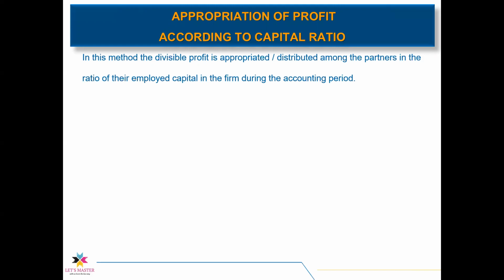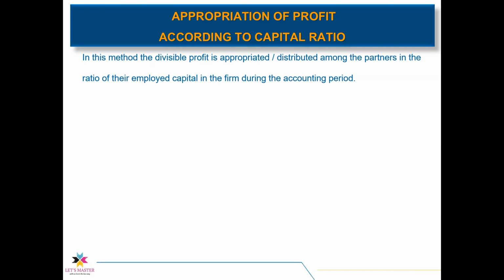But after taking all the transactions into consideration, the divisible profit, the profit which is available for distribution among partners, is not sufficient to meet all these charges or all these appropriations against profit.